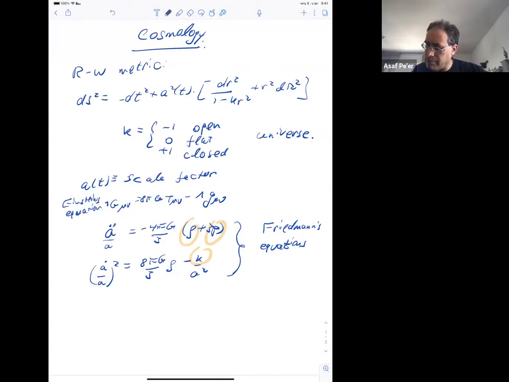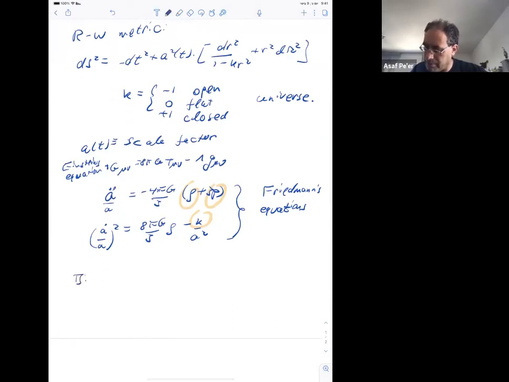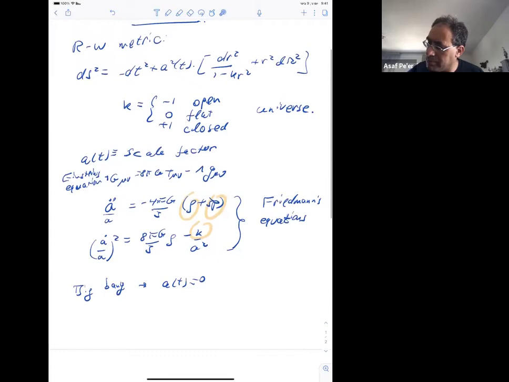Then we spoke about the Big Bang, which is the time sometime in the past where A of t was equal to 0, which means that all the spatial parts of the coordinates shrank to 0. That does not mean that the universe was necessarily finite.